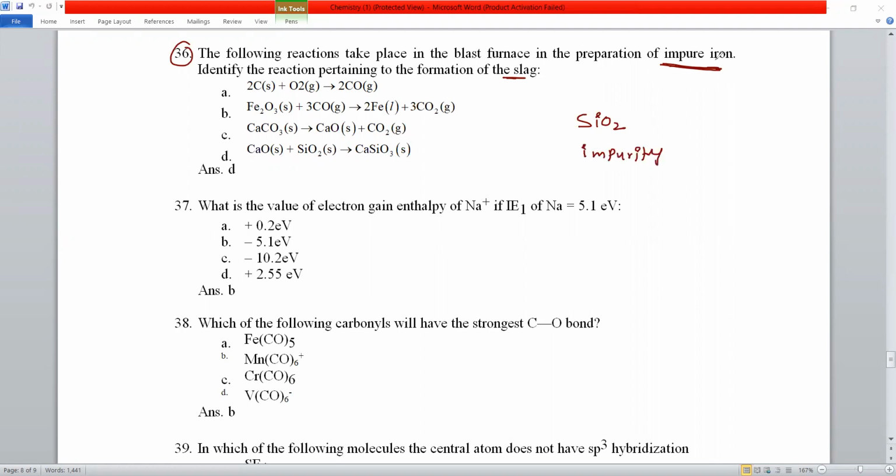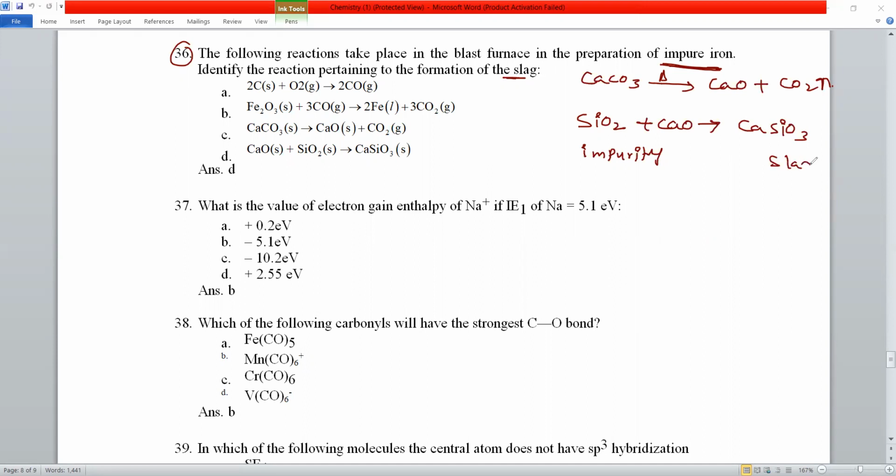To remove this impurity, we are adding CaCO3. So what will happen in the blast furnace? CaCO3 is converted into CaO, and CO2 gas will be released. So this CaO will react with the impurity and form CaSiO3, calcium silicate.